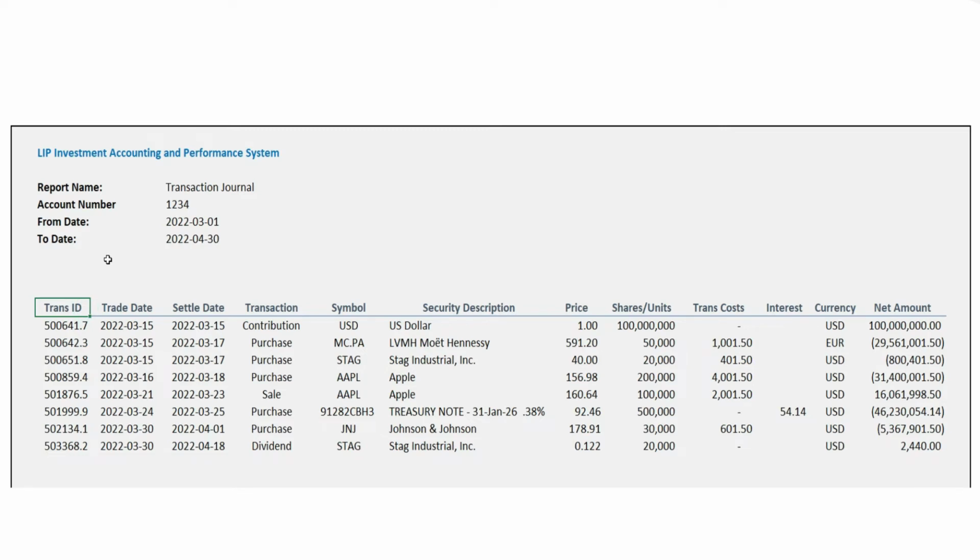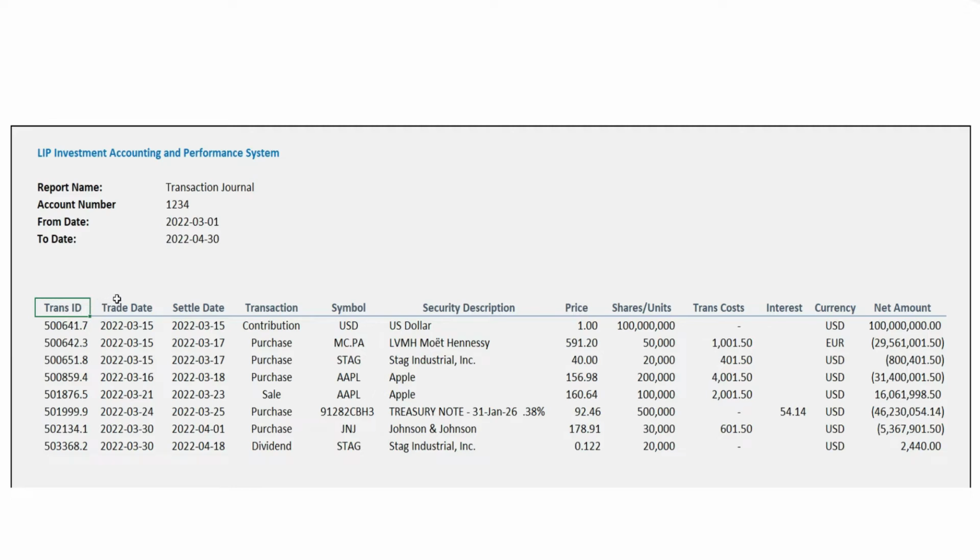Do you think you could ever have two trades in the same stock on the same day where it would be hard to distinguish between the two? Sure you could. So wouldn't having an ID to refer to a certain trade be a good idea? Yep. That's why many systems do that.